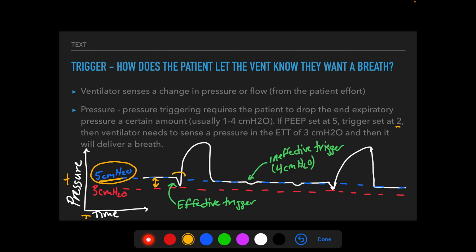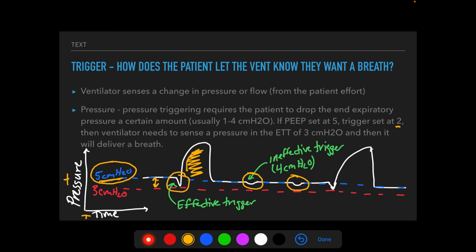So as you can see here, we have an effective trigger. The patient tugged, trying to inspire, dropping the pressure from 5 to 3, and the vent fired off a nice breath. Okay? You can note here we have some ineffective breathing. You see the little dips.